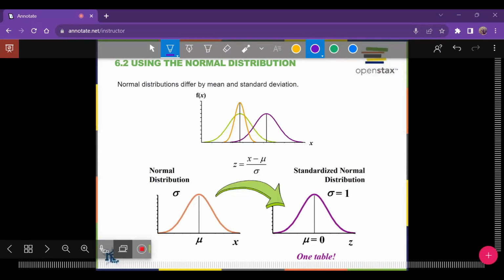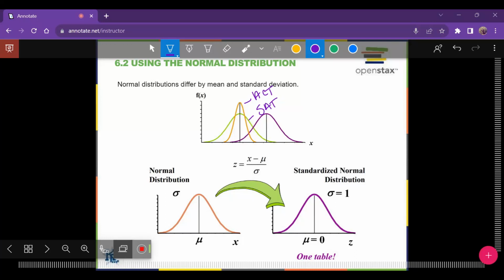So again, this is just showing you that we can have several different types of normal distributions, but a lot of times we want to change them to a standard normal distribution. One example of this would be, let's say the orange here is ACT scores, and the green is SAT scores.